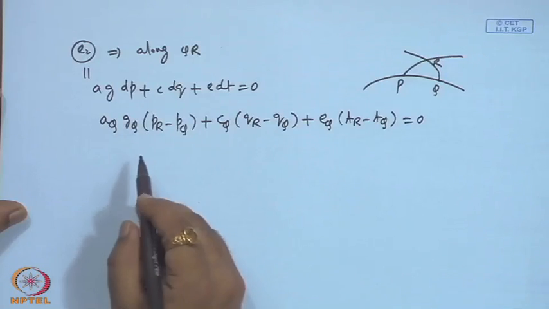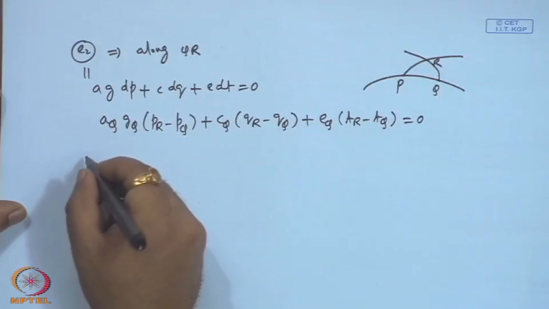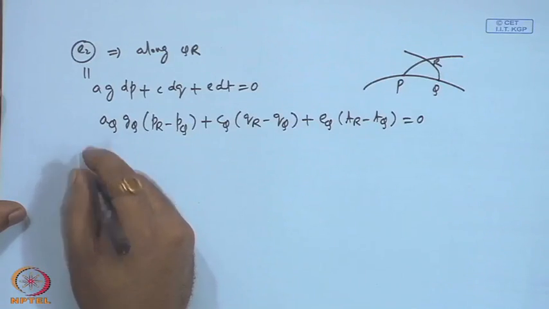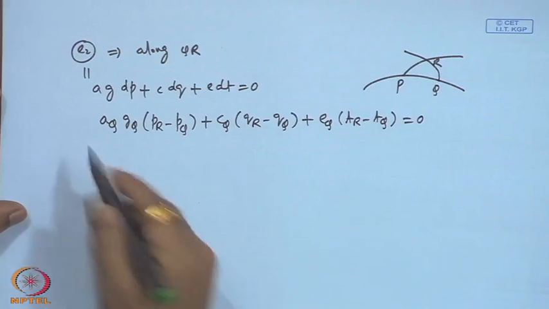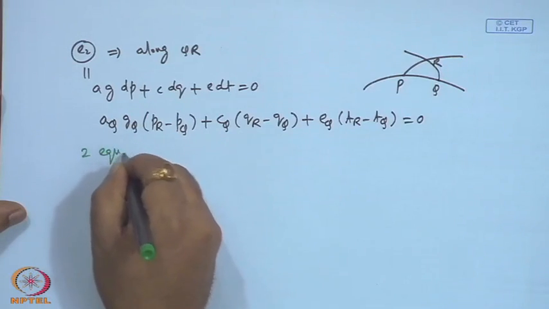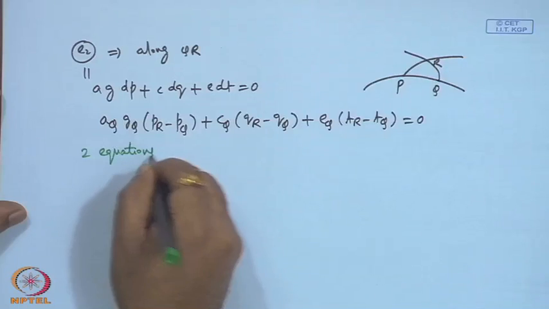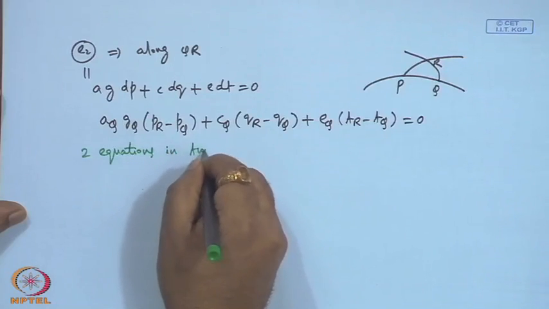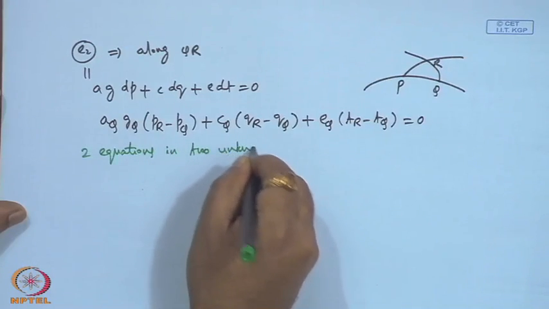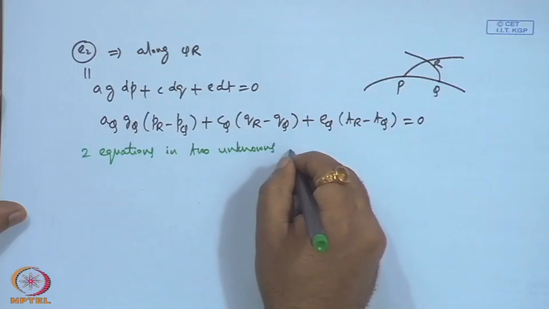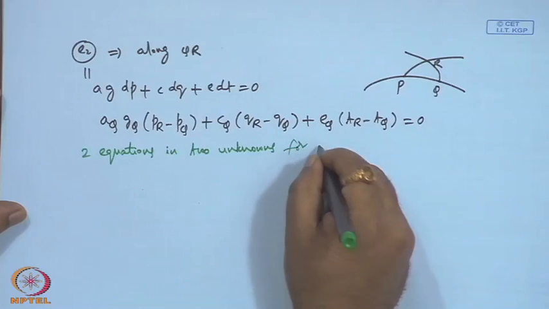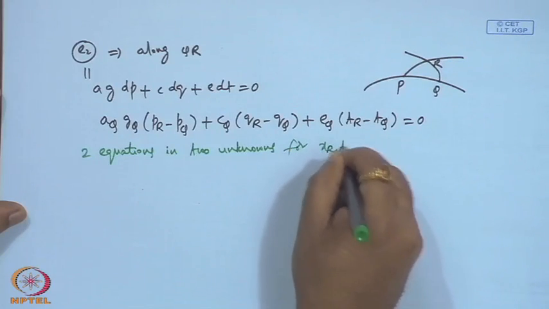So, we have two equations in two unknowns for XR, TR.